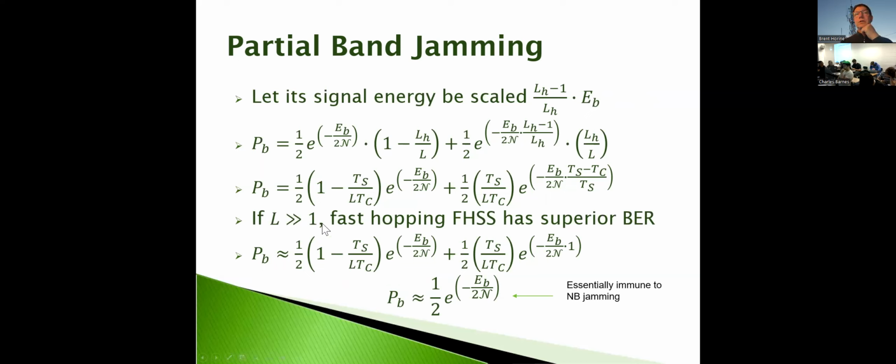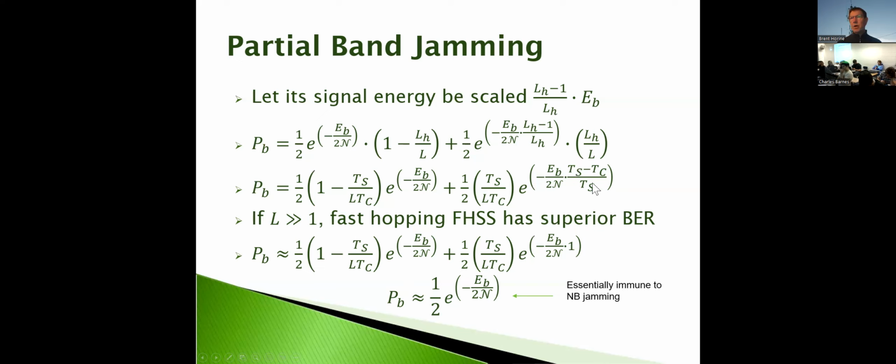If L is much greater than 1, now we're spreading over a large band, and the fast hopping frequency hopping spectrum has a superior bit error rate. So we go from here to here, and note that this term up here, (TS minus TC) divided by TS, is approximately 1 if TC is very small compared to TS.